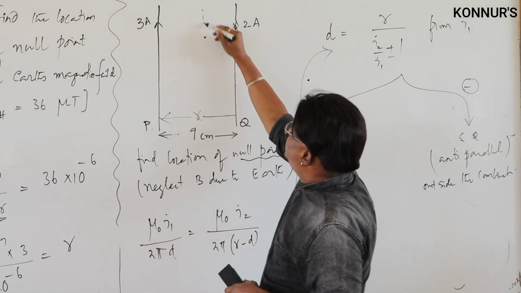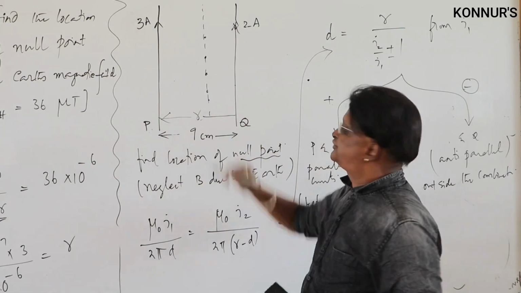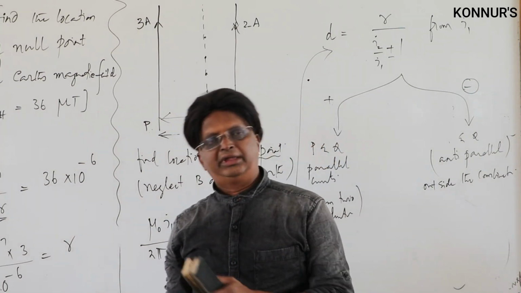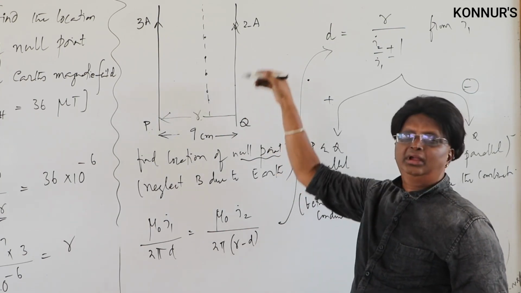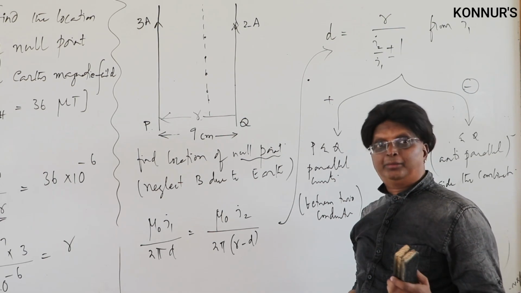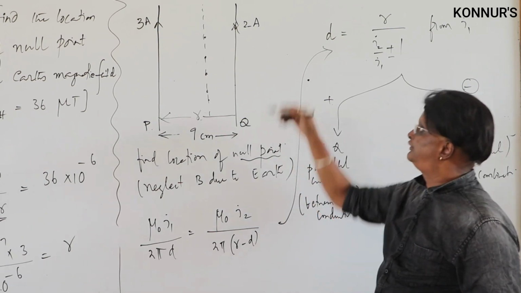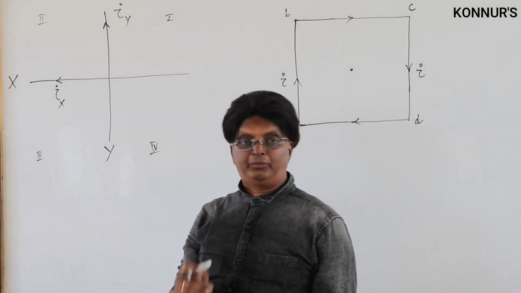Now, take this straight line. All the points on this straight line will be null points. Therefore, the locus of null points in this case will be a straight line. We get an infinite number. It is not one null point, but more null points, and the locus will be a straight line.